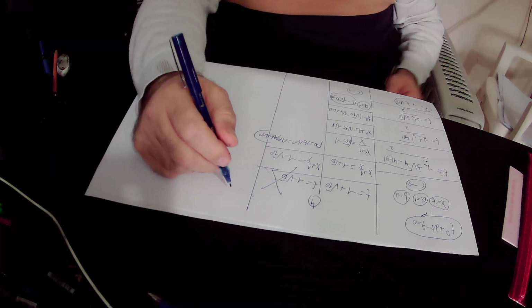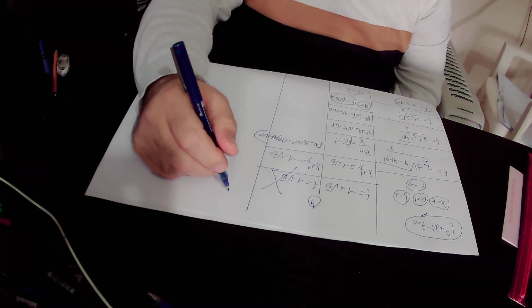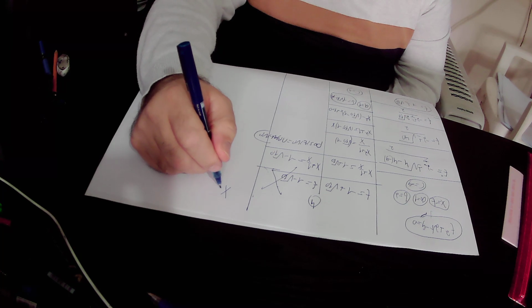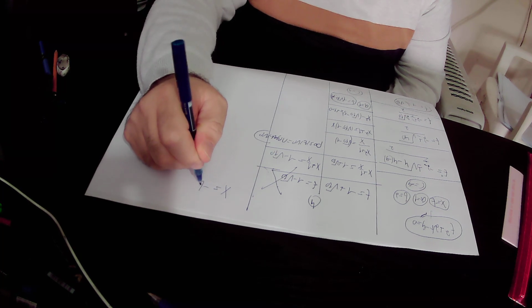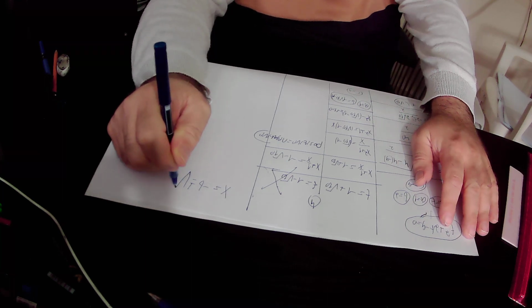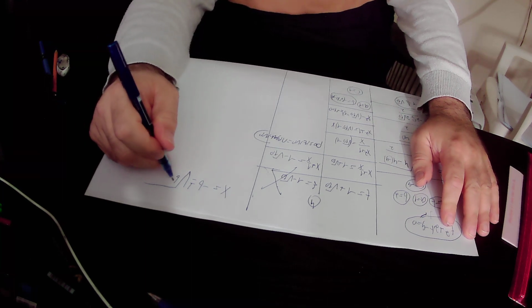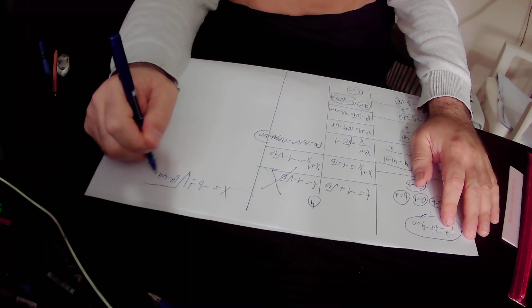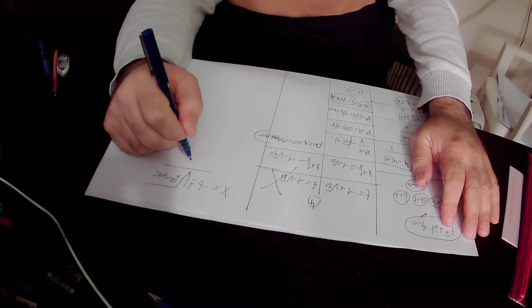The formula for x is x equals minus b plus minus square root of b squared minus 4 times a times c, over 2a.